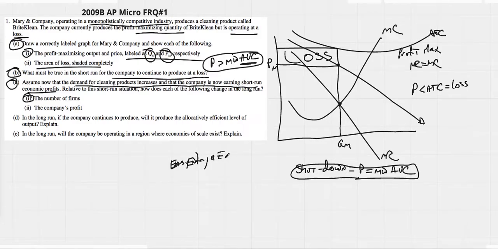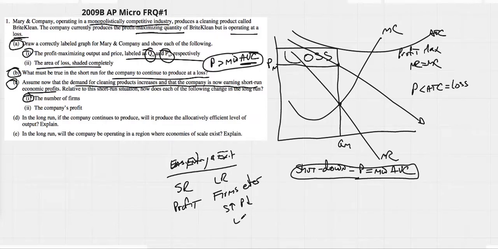No barriers to entry, so firms can enter. So in the short run, when there's profits, we know in the long run firms would enter. And as firms enter, supply would increase, price would go down, we would return back to long run equilibrium. So the number of firms would increase.